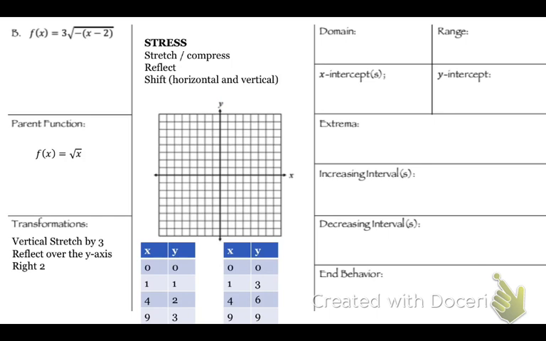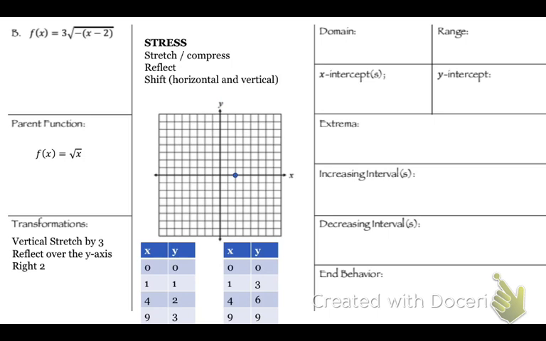Okay, but we're reflecting this over the y-axis, so this is going to go backwards. So normally we would go (0, 0), (1, 3), (4, 6), up here somewhere, and go from there. But since we're reflecting over the y-axis, we're going this way.